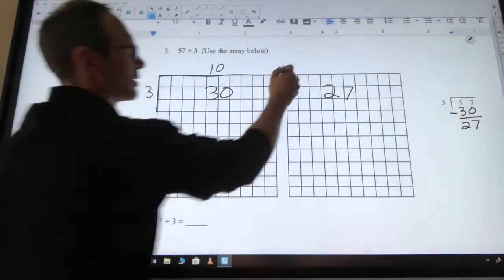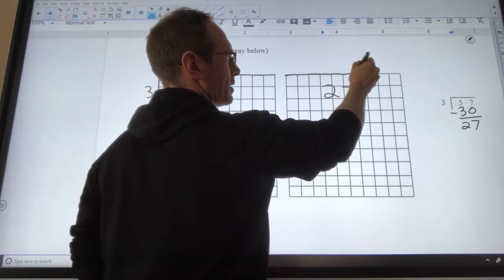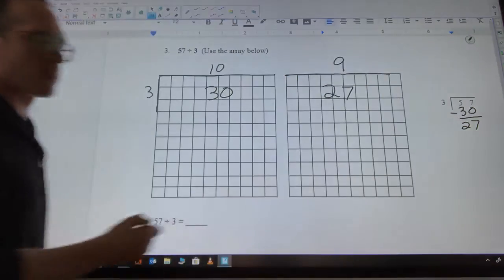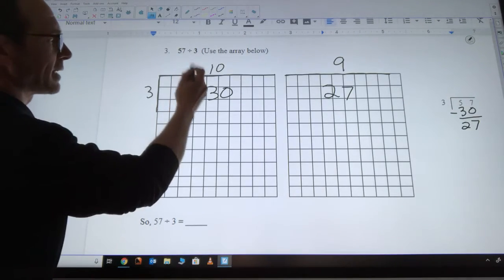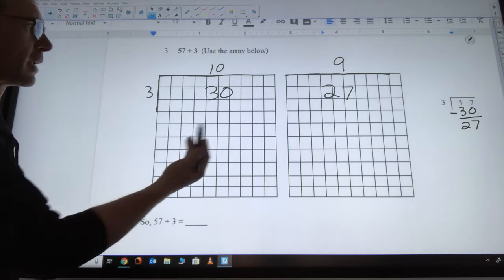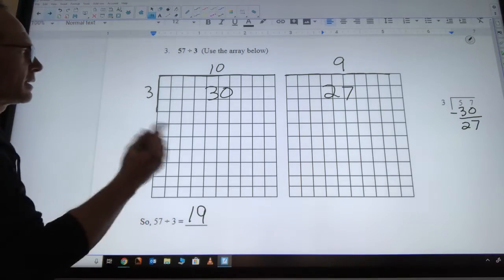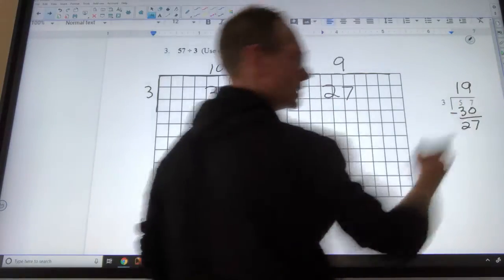All right, so that's 3, 6, 9, 12, 15, 18, 21, 24, 27. 9 more steps to get to 27. So that tells me that 10 and 9 together multiplied by 3 would get me to 57. So that's 19. Okay? 19 times 3 is 57. 57 divided by 3 is 19.